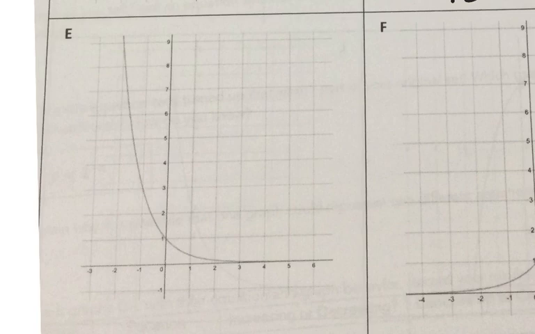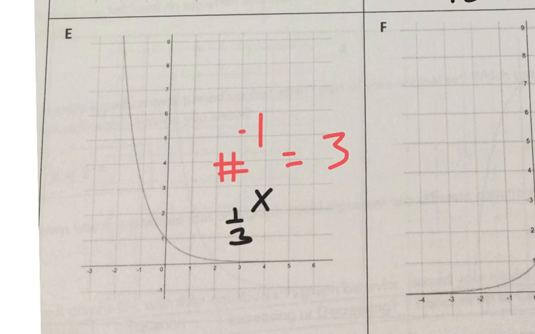So what am I going to do then? I'm going to go in the other direction. If I plugged in a -1 as the exponent, what number raised to the negative first is 3? 1/3. So I need this to be 1/3 raised to the x. Is that a choice? No. So this is a correct equation, but it just doesn't match any of the choices that they give me.